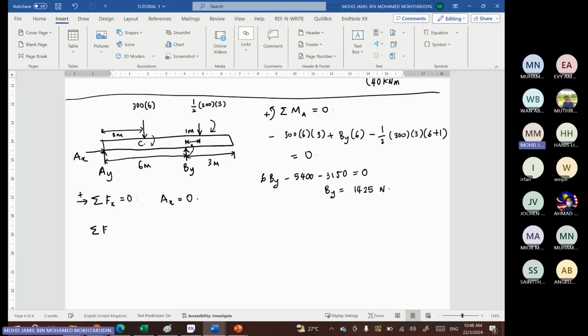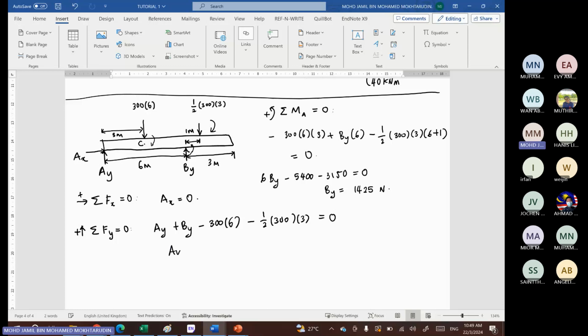And then we can do with force in the y direction. So here you have Ay plus By minus 300 times 6 minus 1/2 times 300 times 3 equals 0.